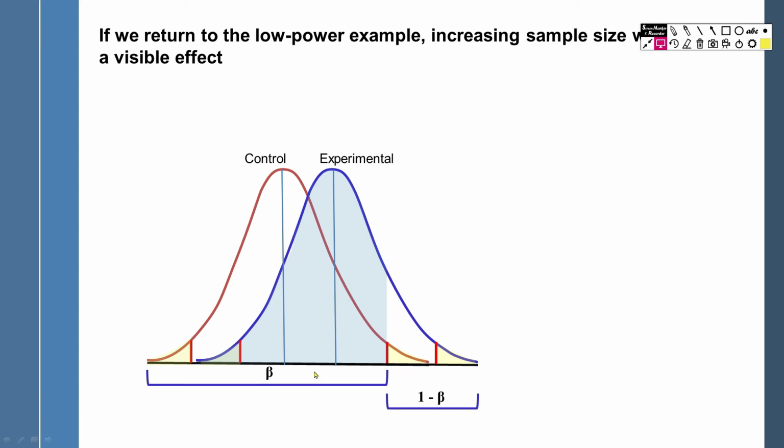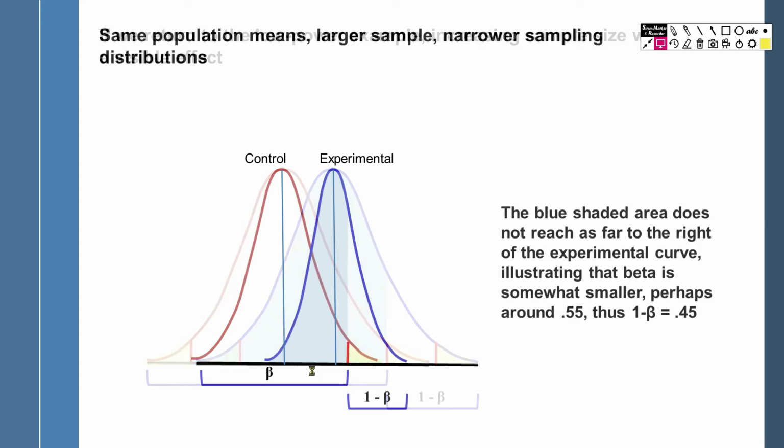Well, let's say we increase the sample size. With increasing both the control group and experimental group sample size, the width of these distributions becomes narrower, and you can see that the overlap here that represents beta is no longer quite as pronounced.